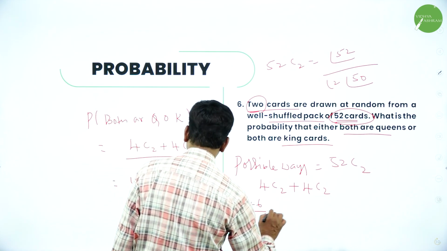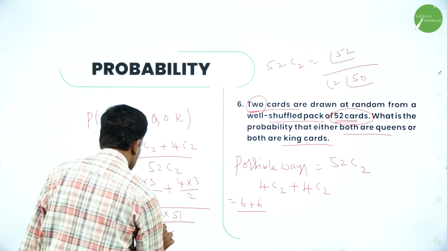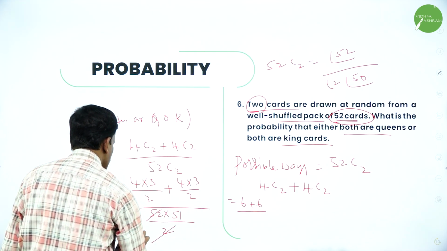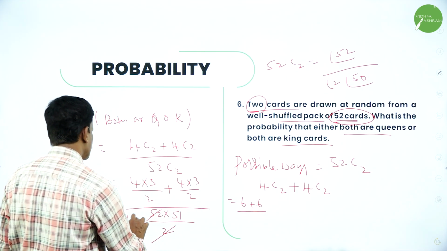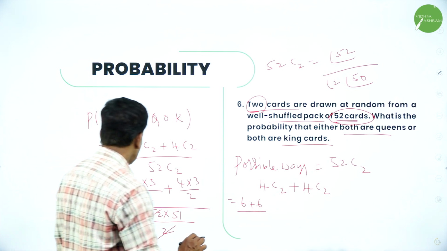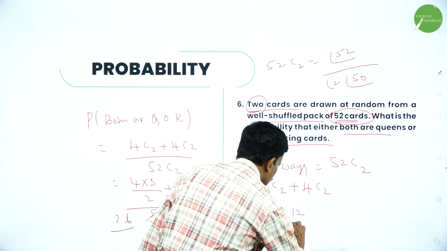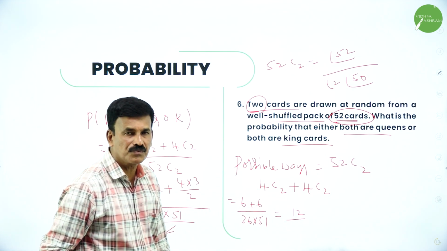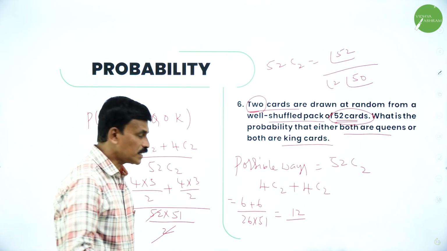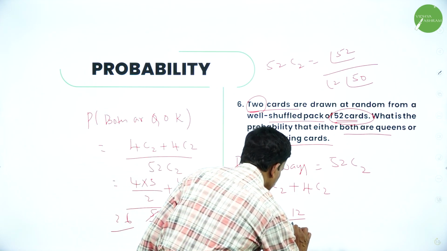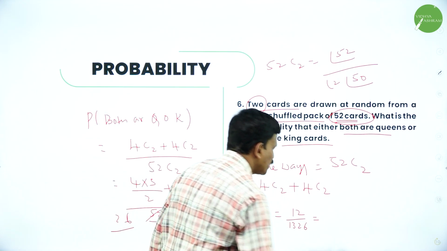6 plus 6 divided by 26 into 51. That is 12 divided by 26 into 51. If you multiply this, we get 1326.